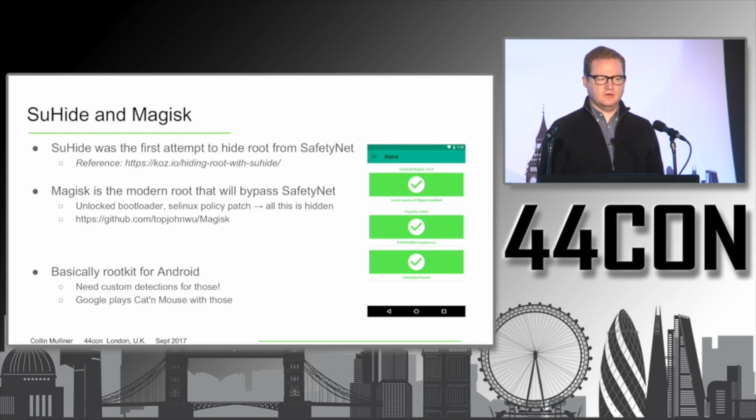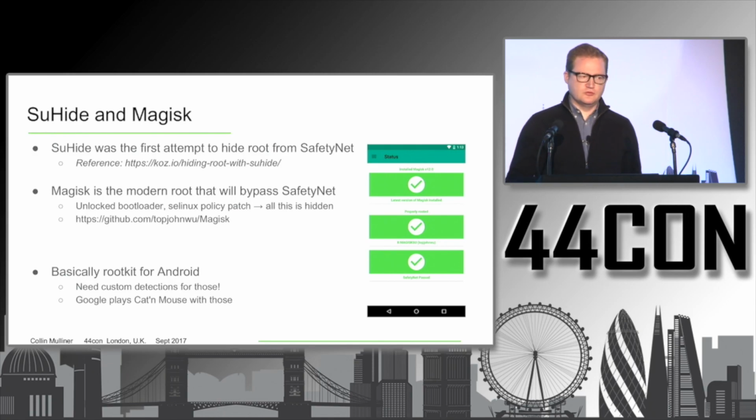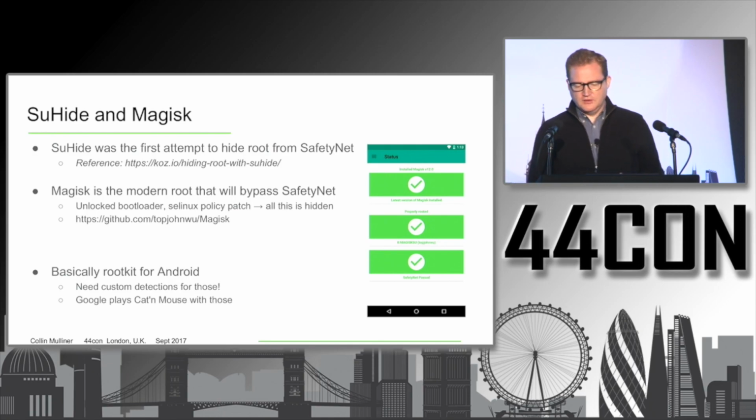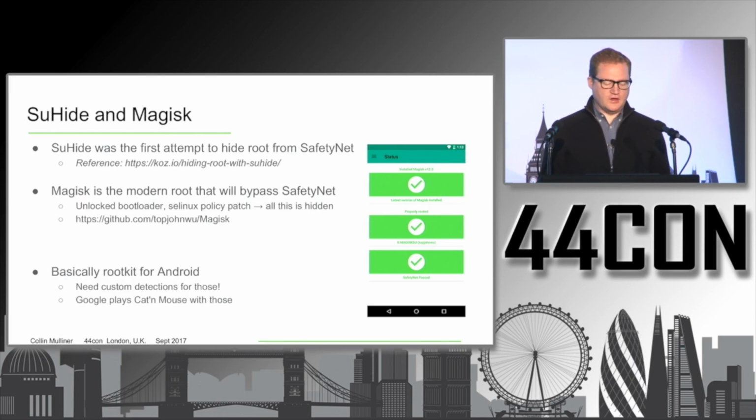You have to unlock your bootloader, modify your SELinux policies, and then they inject a bunch of code here and there, and then you can hide the rooting from specific apps. Normally you want stuff like your shell or your modding tool to have root, so they can inject code into other things. But then you want apps like the Android Pay app to not see all of this.